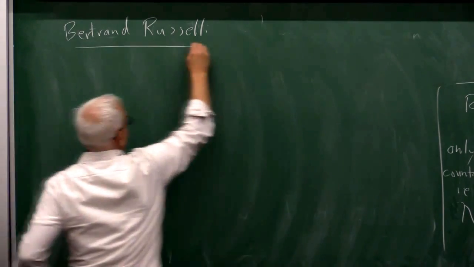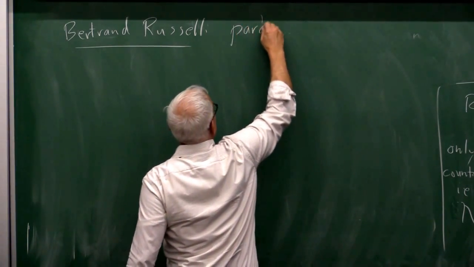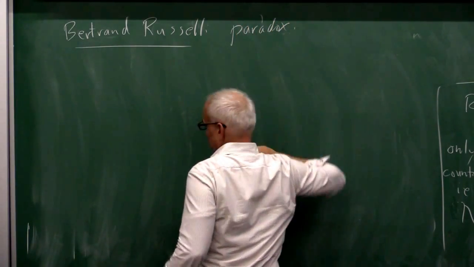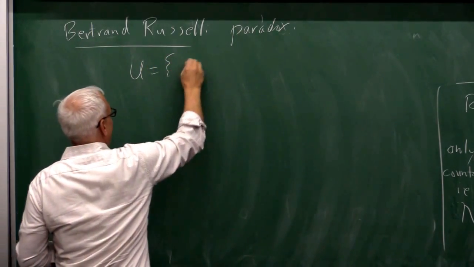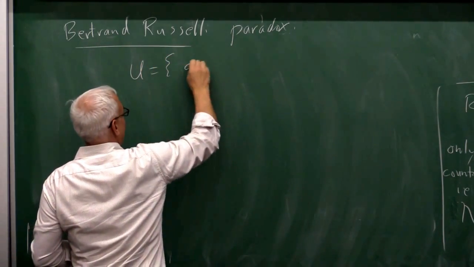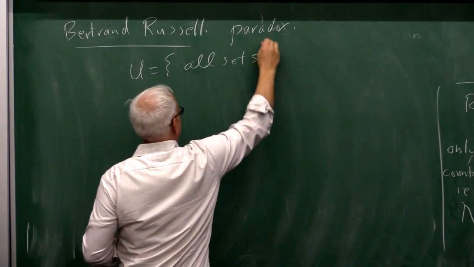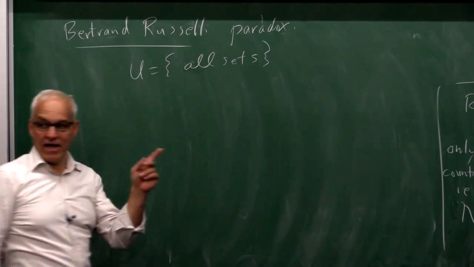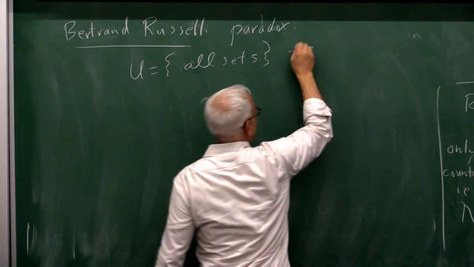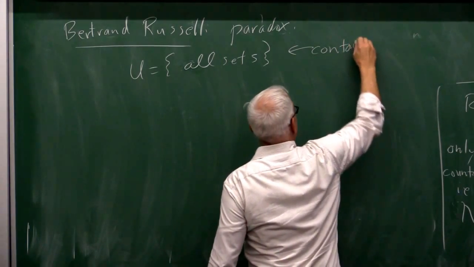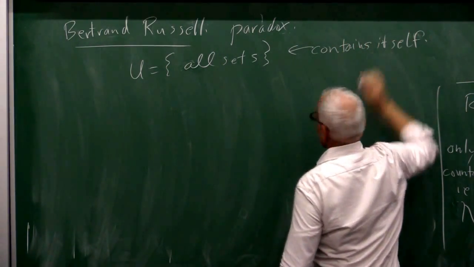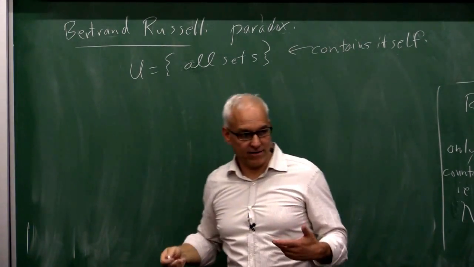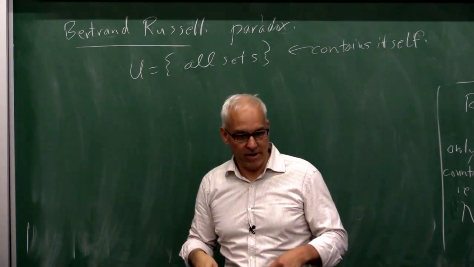And his paradox was, okay, we talked about that set U before. So U was the set of all sets. And this set contains itself. That's a rather remarkable property of a set, that it actually contains itself as an element.